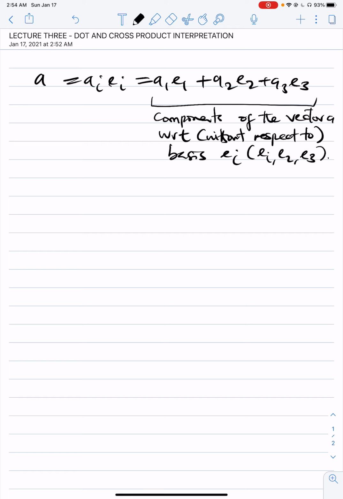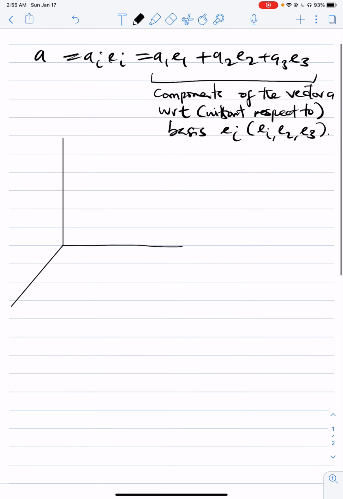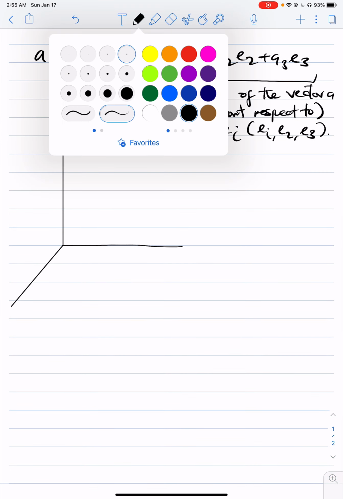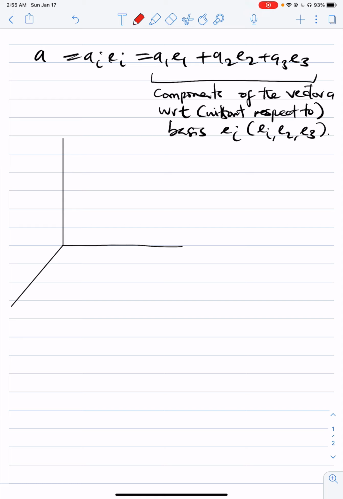Let's make a quick sketch. You have a vector, let's call this x with a tilde below it.